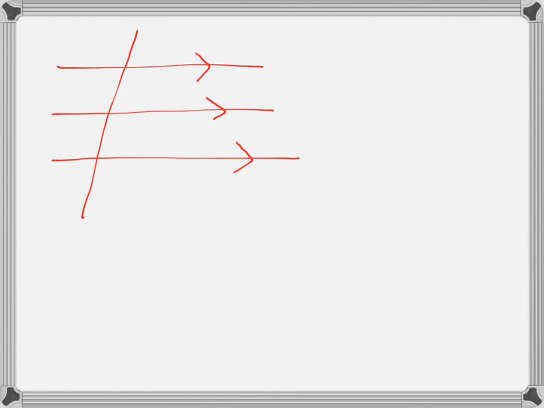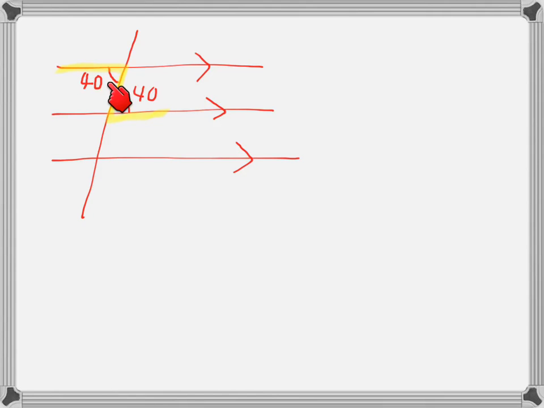If I tell you this angle is 40, where is the alternate angle? You just draw a Z over here. So we know if this one is 40, another 40 will be over here. So this is 40 as well.